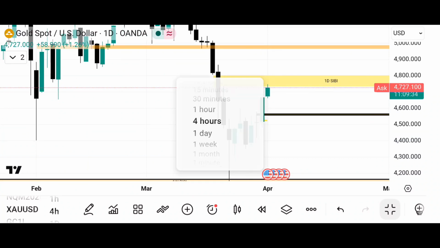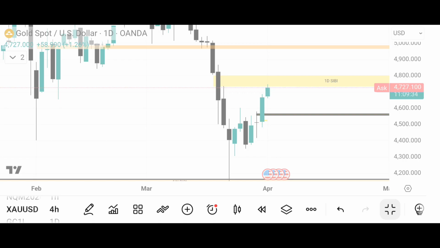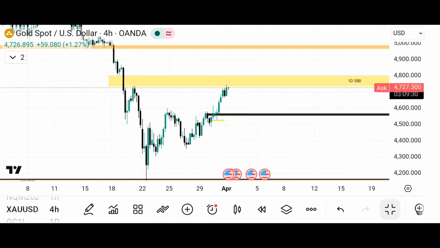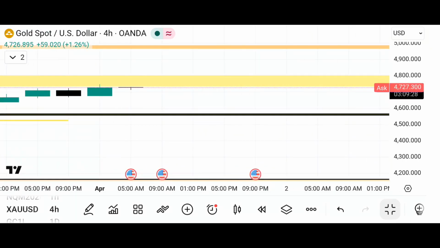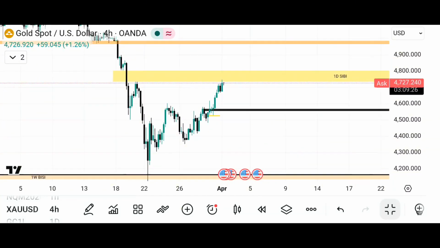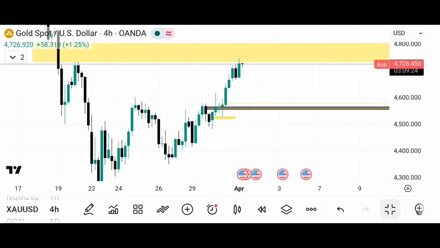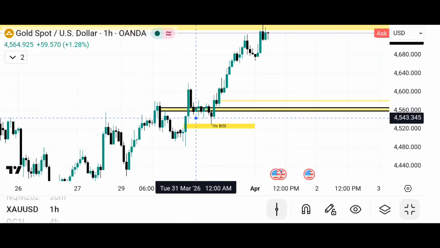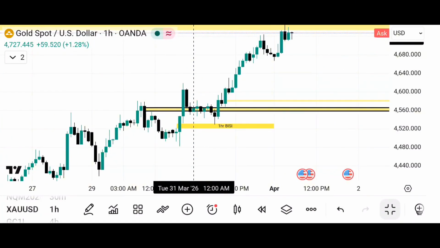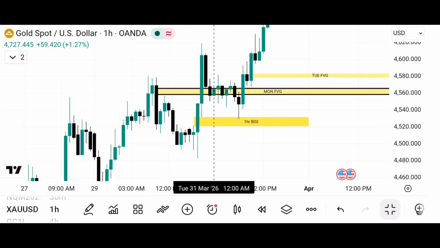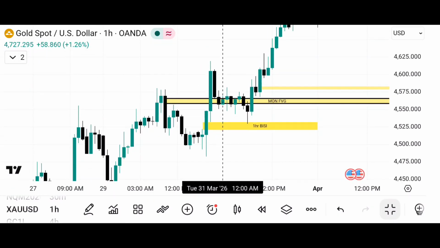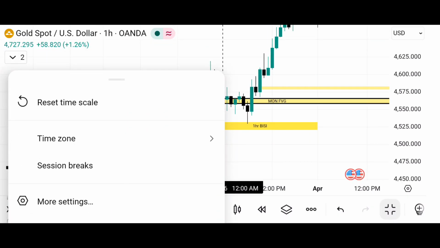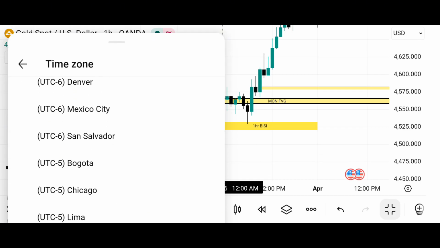So going down, this is the 31st of March, the start of the 31st, 12 a.m. And your charts, your time zone should be set at New York time zone, just as mine.